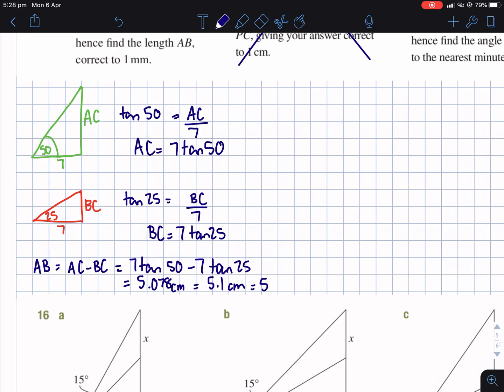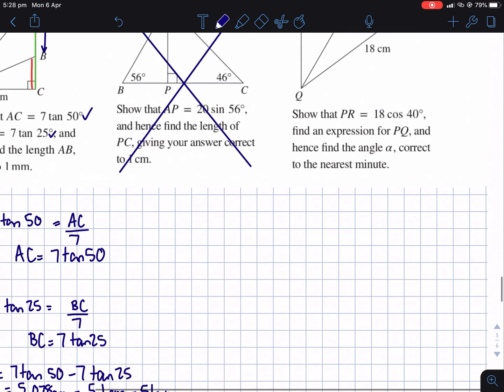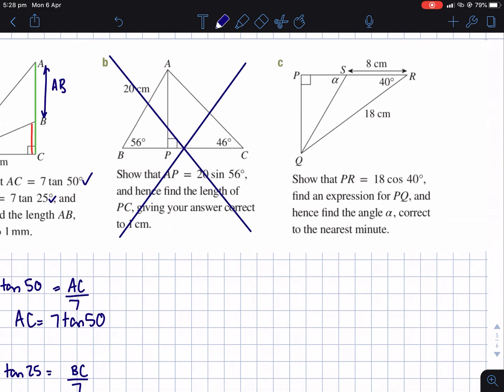Okay, this last one, similar kind of deal. Show that PR, so PR is this length all the way along. If I look at the bigger triangle, this is PRQ, this is 40, and this is 18, and this is PR.